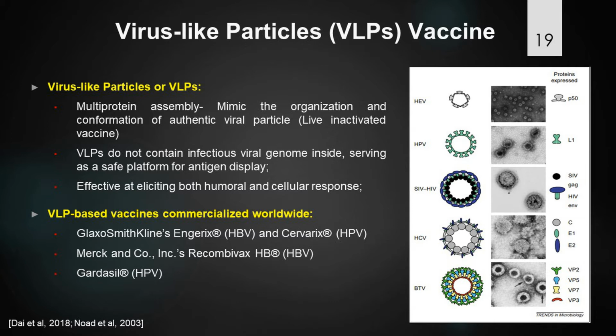Similar to native viruses, VLPs are processed in the cytosol of dendritic cells and are presented by MHC class I molecules to cytotoxic CD8 T cells by the cross-presentation mechanism, inducing a potent cytotoxic immune response.